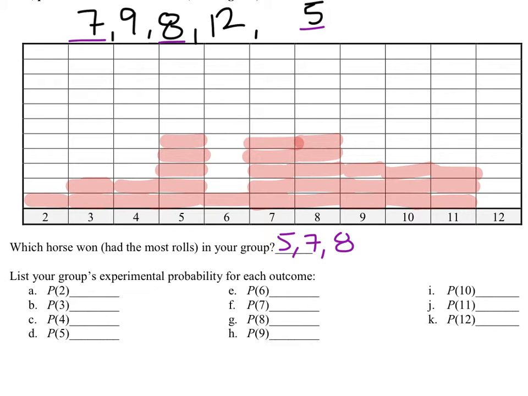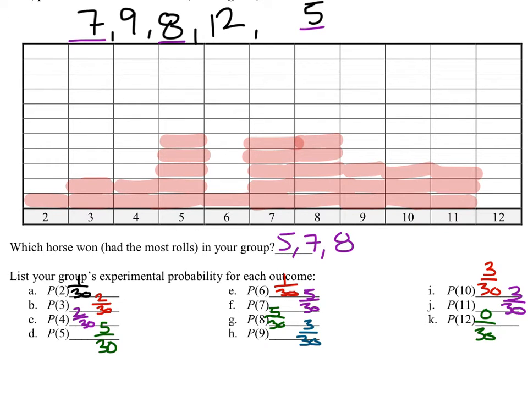So 2, we had 1, 2 out of 30 total rolls. The 3s, there were 2 3s out of 30 rolls. And for 4, there were also 2 out of 30 rolls. 5s, however, had 5 5s out of 30 rolls. 6, 1 out of 30, and we'll fill in the rest.